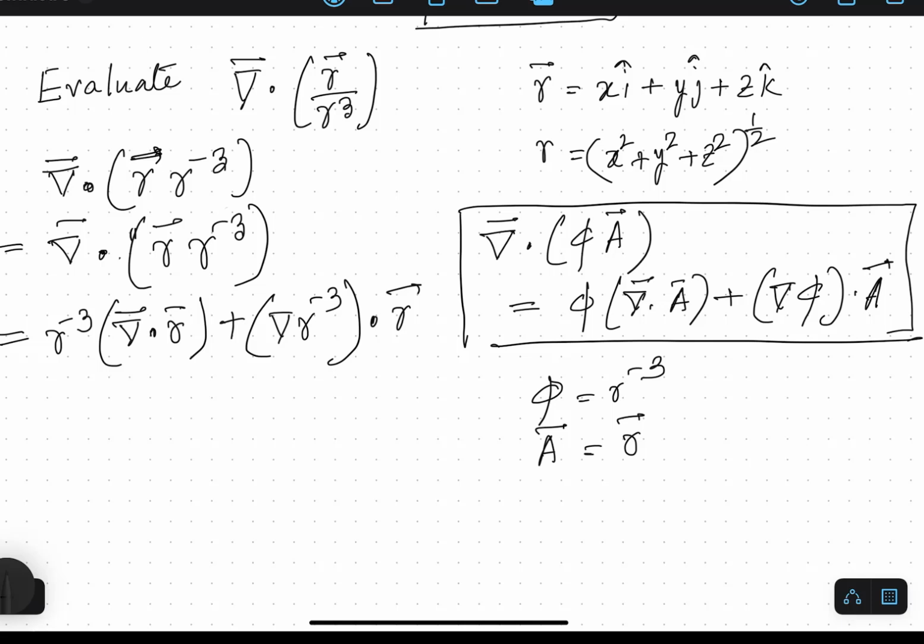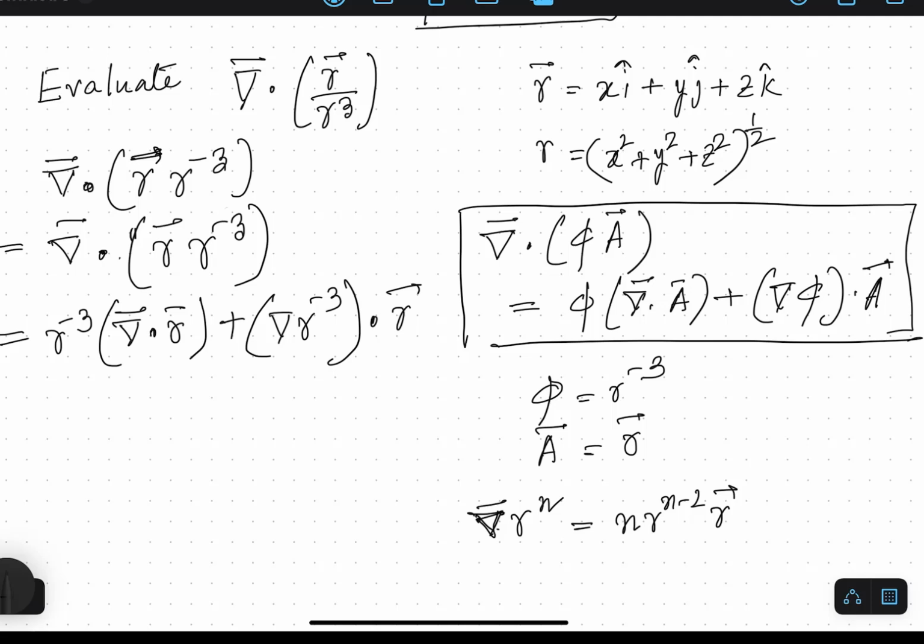Now, we have another identity: grad of r to the power of n is equal to n r to the power of n minus 2 times r vector. Remember, when you have grad, there is no dot sign here.